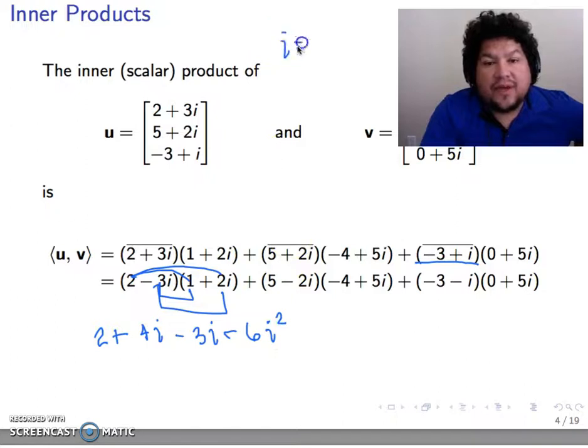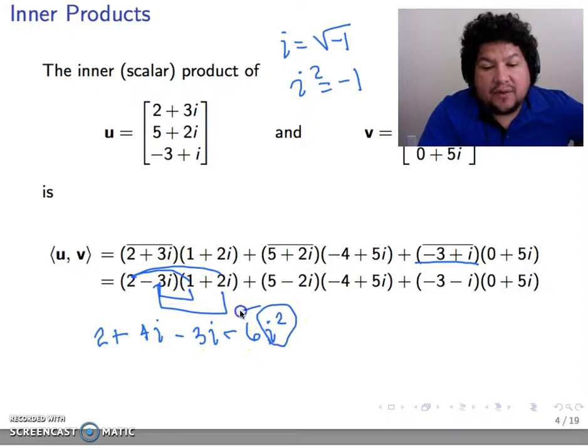Remember the definition of i being the square root of -1, which implies that i squared is -1. And so this i squared is a -1, which is multiplying a -1. So this becomes 2 plus 6, and then we can add these two terms, which add up to be 1i.